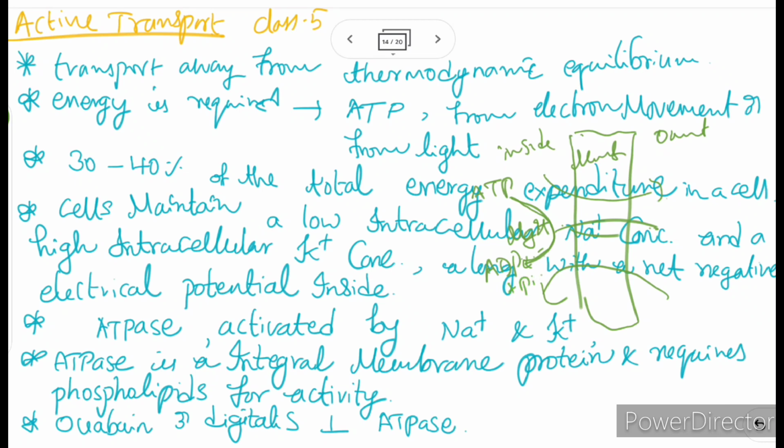a pulling of the potential gradient, Na plus to the inside. Here 3 molecules of Na plus are going outside, and so 3 sodium ions are pumped to the outside and 2 potassium ions are pumped to the inside of the cell.